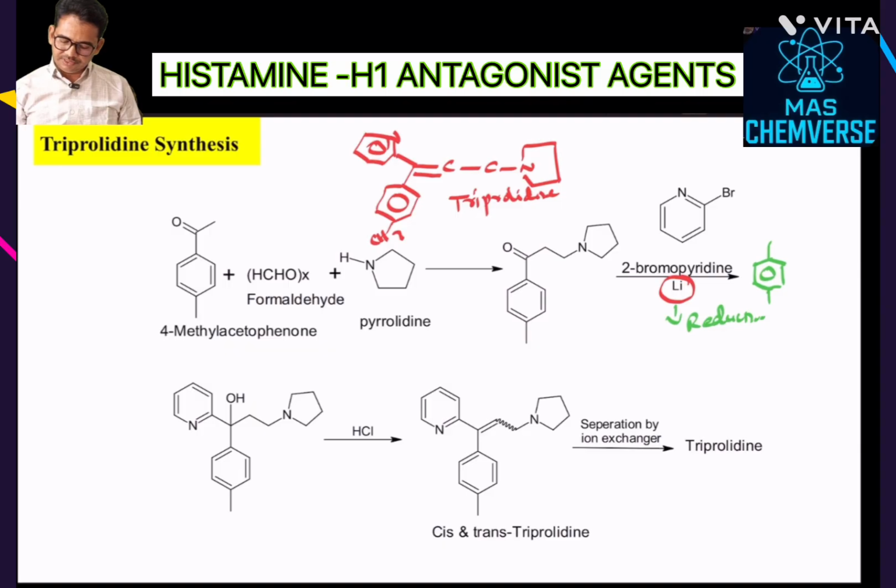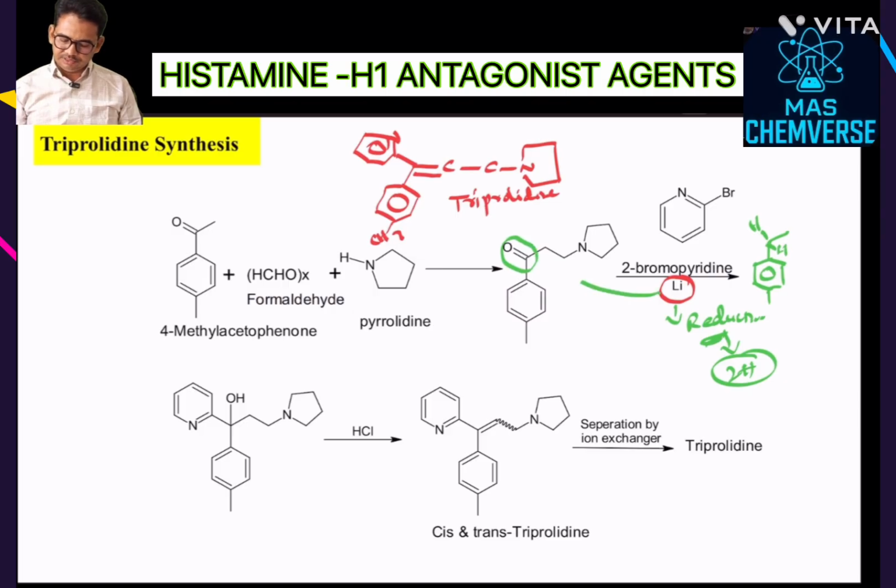Here it will undergo the reduction process. Reduction means introduction of hydrogens. Nothing is there, means here how many hydrogens are there? 2 hydrogens are there like this. By the reduction, 2 hydrogens are introduced here. Then remaining thing will be the same. Here it becomes CH2 due to what?